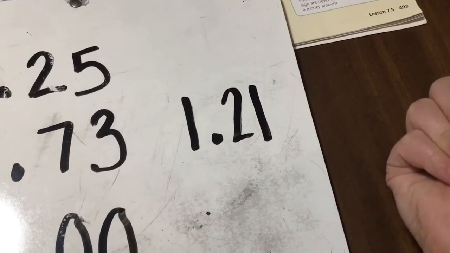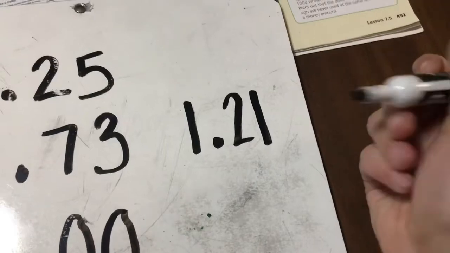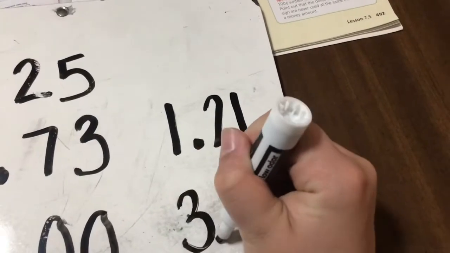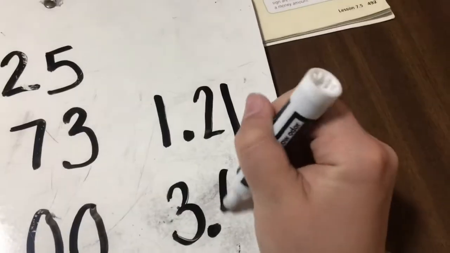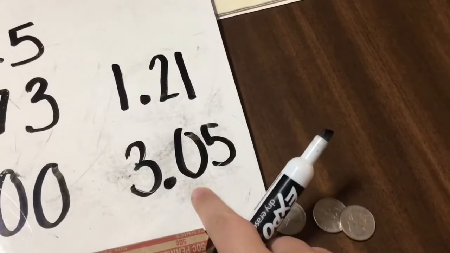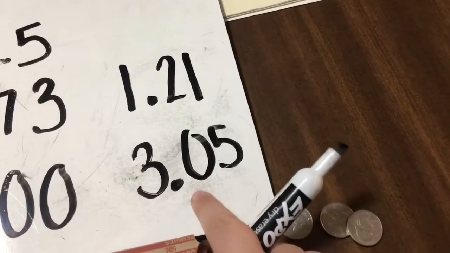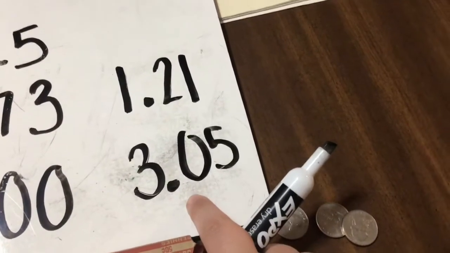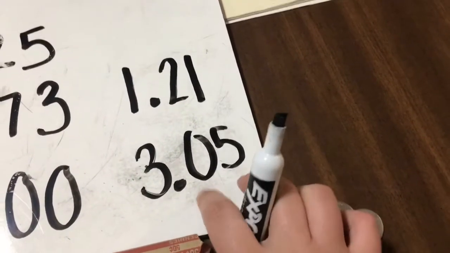If I wanted to write $3 and 5 cents, I would write $3 and 5 cents. I can't put the 5 here because that would make it $3.50, since there always needs to be 2 numbers here.